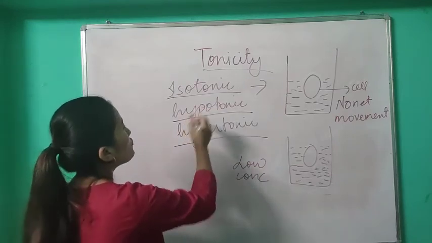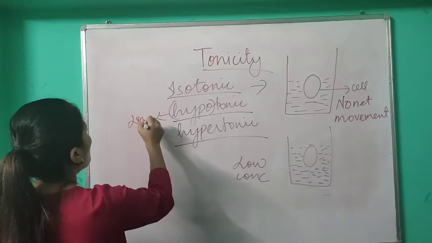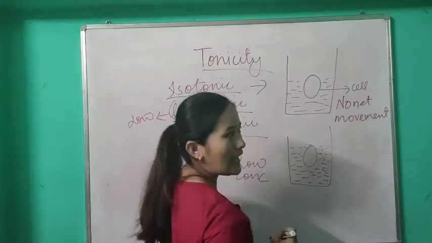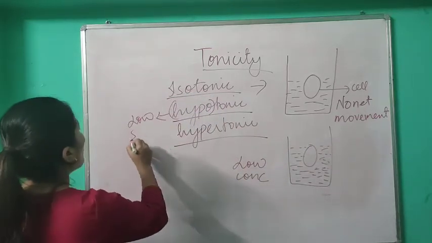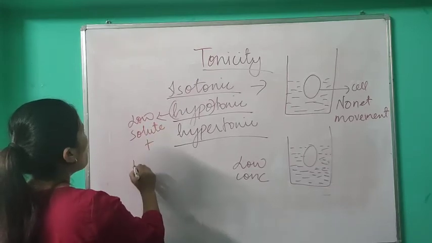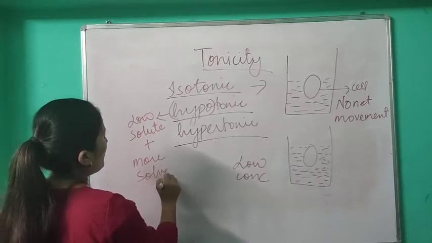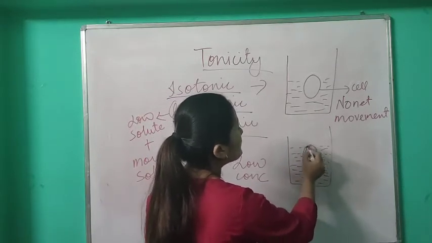Next, coming to hypotonic. Hypo means low. So the solution outside contains a low amount of solute. Low amount of solute means more amount of solvent as compared to the one present inside the cell.